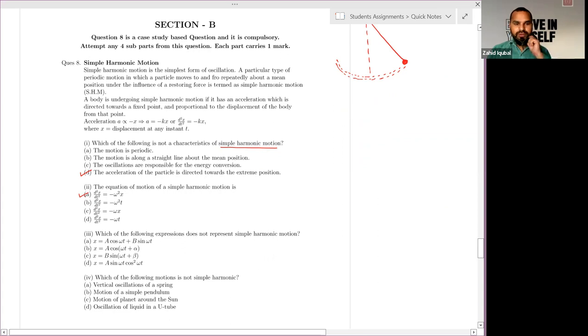Third question, which of the following expressions does not represent simple harmonic motion? Just remember, trigonometric functions will be periodic. Logarithmic and exponential functions will be non-periodic.